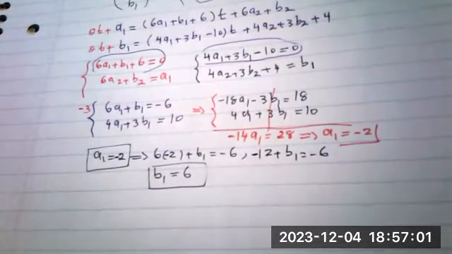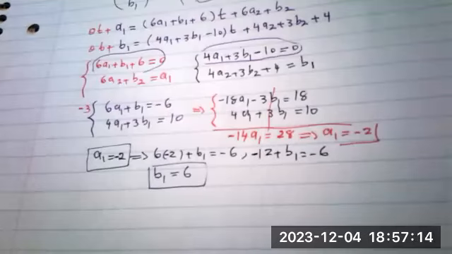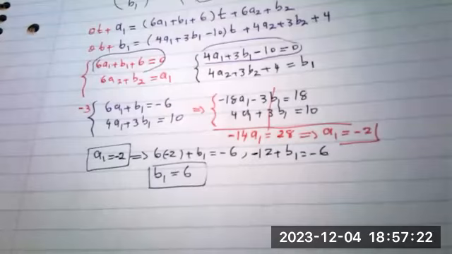Why do you take this one? If you pick the other one, you have 3 variables, 2 equations. You can't do it. I picked the one that has 2 unknowns, 2 equations.